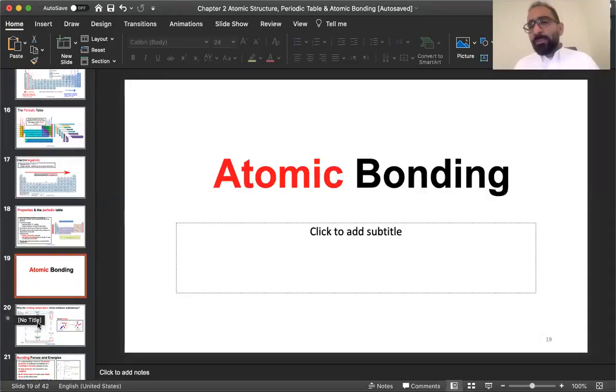But before we get deeper, I would like to bring to your attention that we are talking about bonding between atoms. We are not talking about bonding between molecules. I'm sure most of you this morning maybe boiled water to prepare your tea. Now imagine you left the heater on, and the water keeps boiling. What's going to happen? The water is going to evaporate.